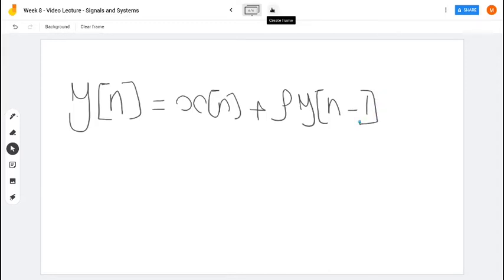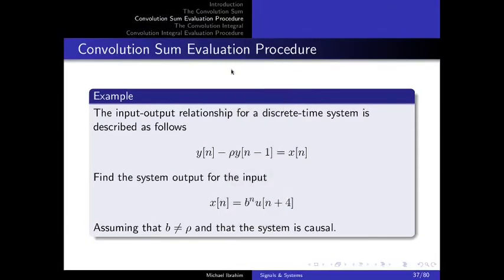And the question is asking us to find the output for this input. So in order to achieve this output, we need first to find the impulse response of such a system, and then perform convolution between the impulse response h of n and the input x of n.